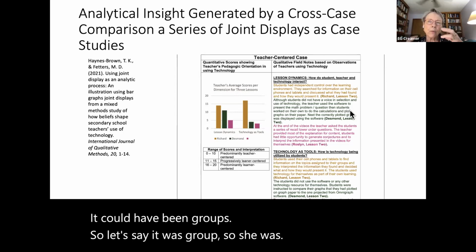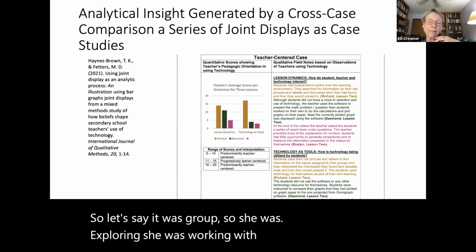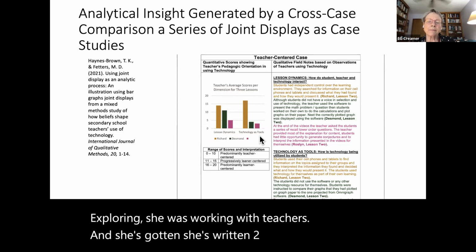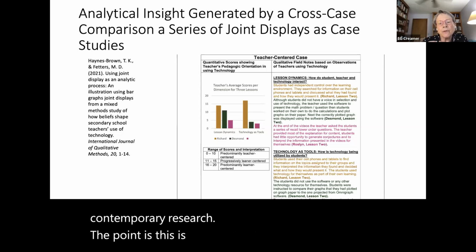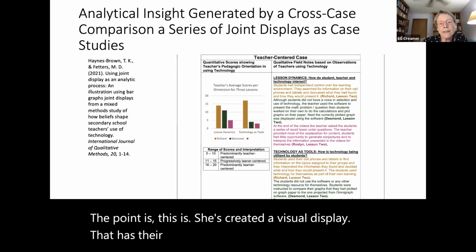So she was working with teachers. And she's written 2 articles. It's very contemporary research. The point is, she's created a visual display that has her qualitative data and her quantitative data displayed about her teacher.